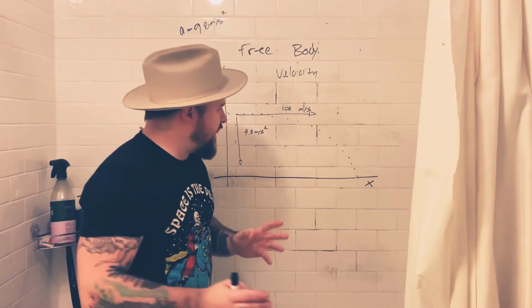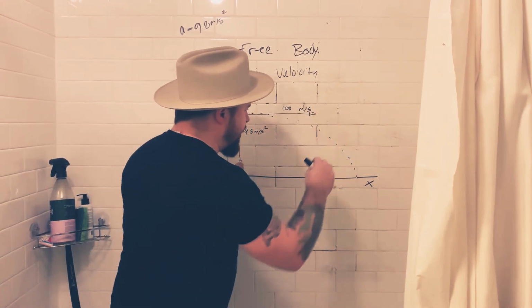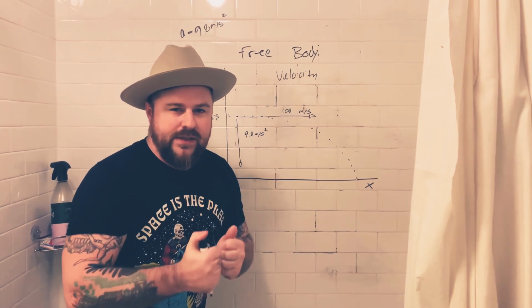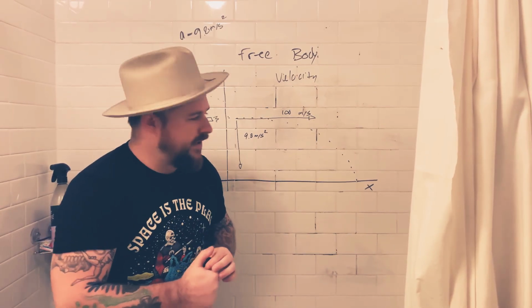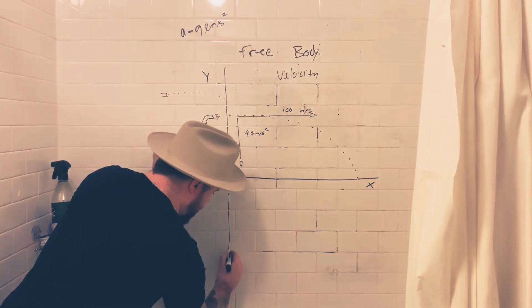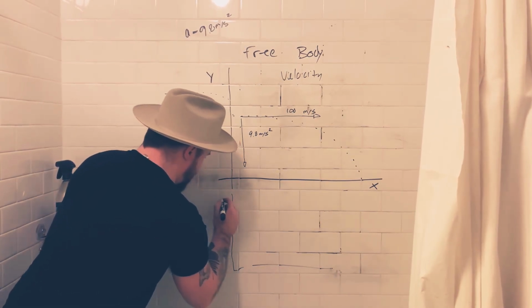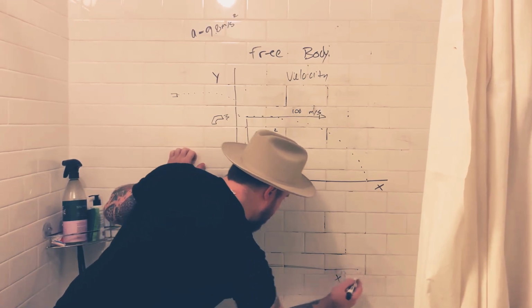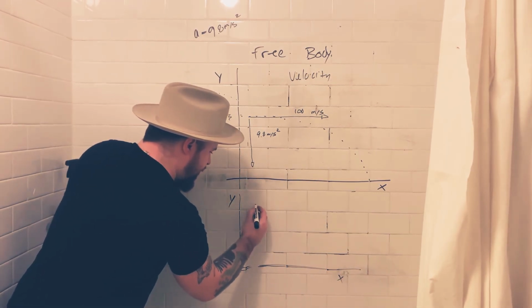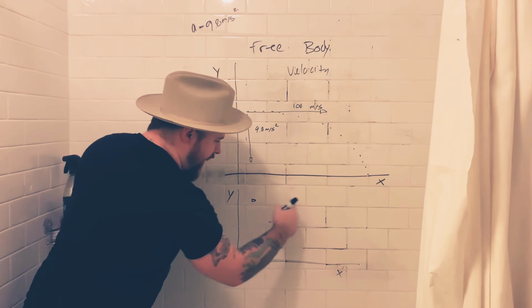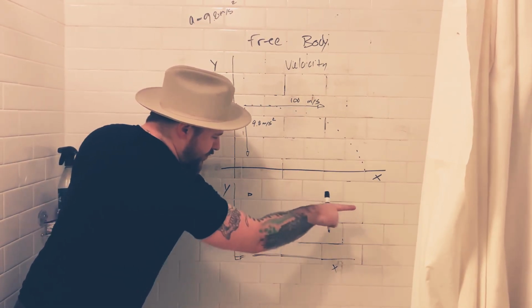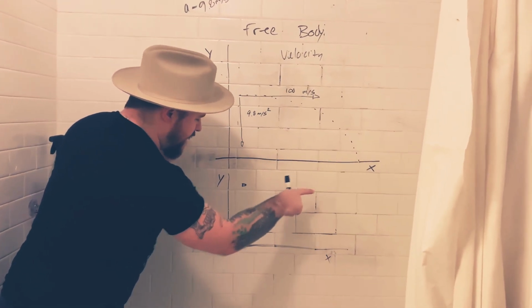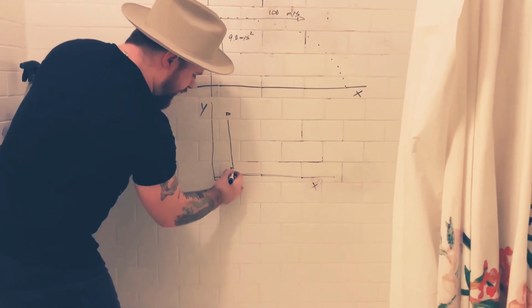So if we break this down into x and y, it becomes really clear what's going to happen here. Now, let's put this on a graph, x and y of the dropped bullet. This bullet, instead of being fired, is going to be dropped, so it's going to have no x velocity. Now, what is the velocity here?